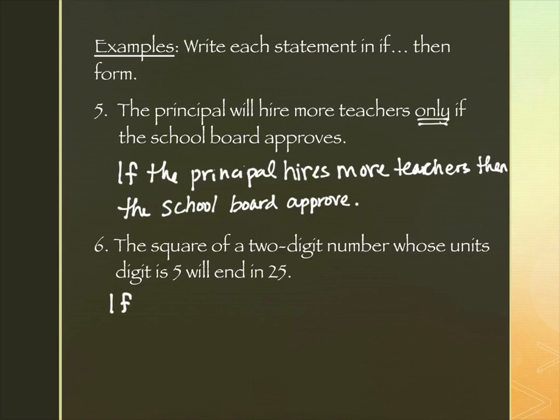Do you remember when we did our milk calcium one? We said something like, if it is milk, right? We're going to do something like that here too. If it is. And it sounds kind of weird. Like we could have said if the food is, or something like that might have made it a little bit more clear. We used the word if. If you want, we can use the word it here as well. But I'm going to use the phrase a number because that's what the it is. So if a number is, and then I'm going to write the statement that's here, the square of a two-digit number.